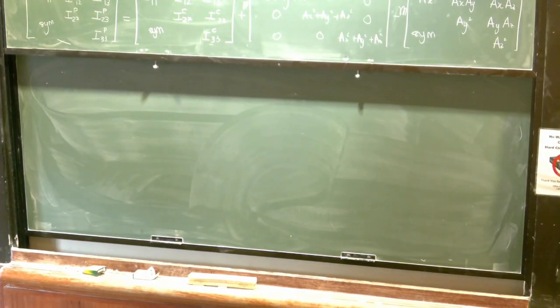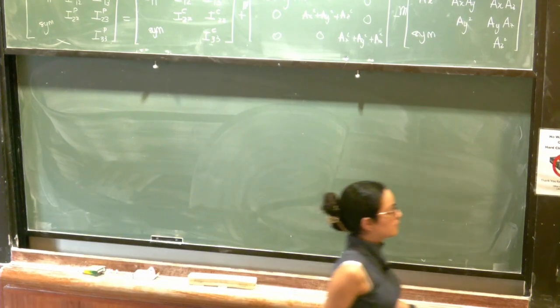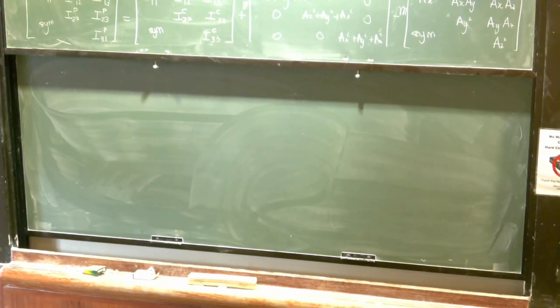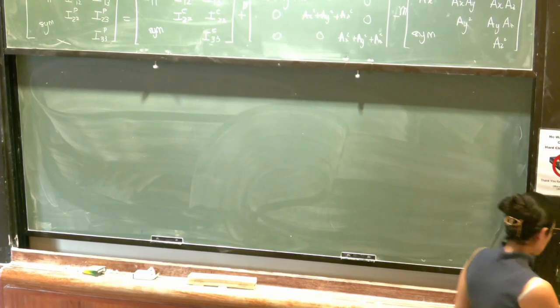I'm going to start with one of them, maybe C, and show how I get the other two. Yes? For the last equation, would ME be factored into the MC? Oh, yes, that's correct. You're right. Thank you. Anything else?